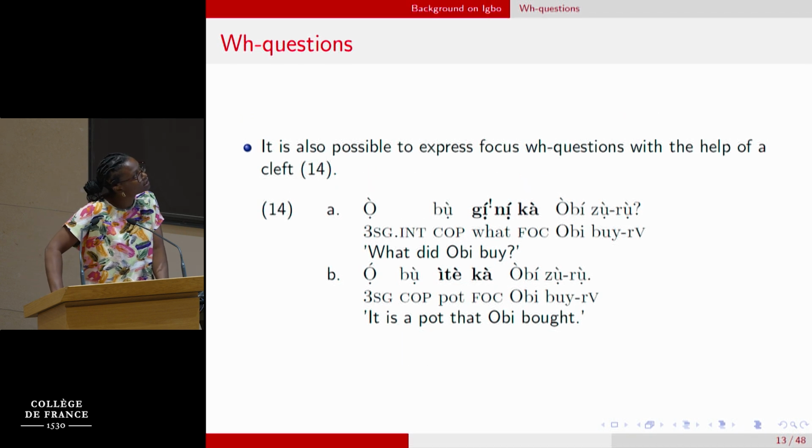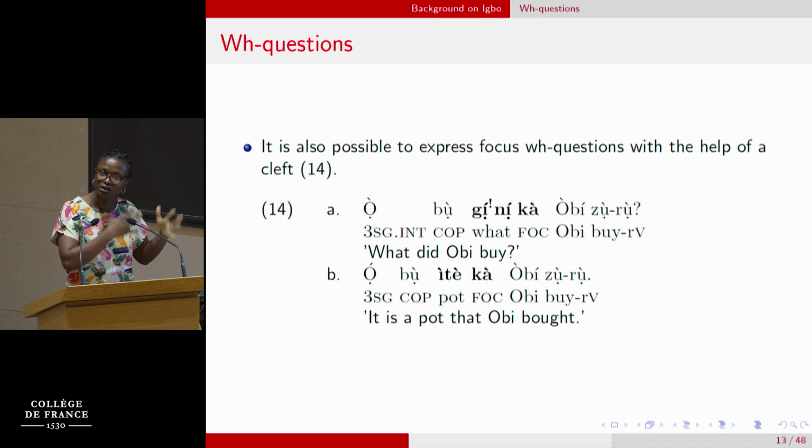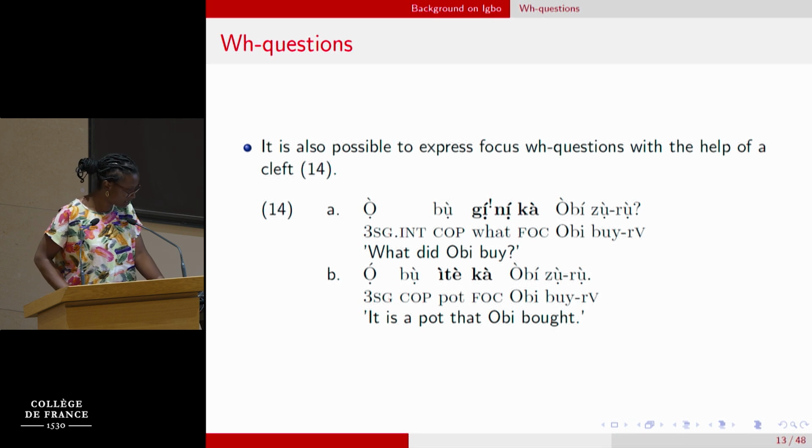Yes. So for the WH questions involving focus, it's also possible to express them with the help of a cleft. That is what we see in 14. So you can have the pronominal subject followed by the copula, and then you have the rest of the clause, and you also see the focus marking elements in the example as well.